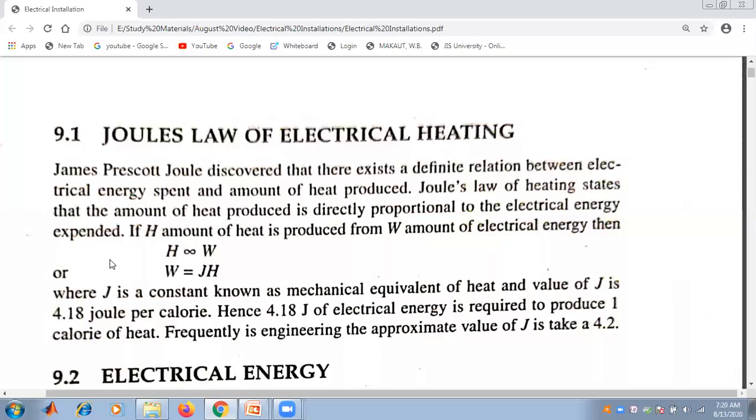According to Joule, the amount of heat produced is directly proportional to the electrical energy expended.